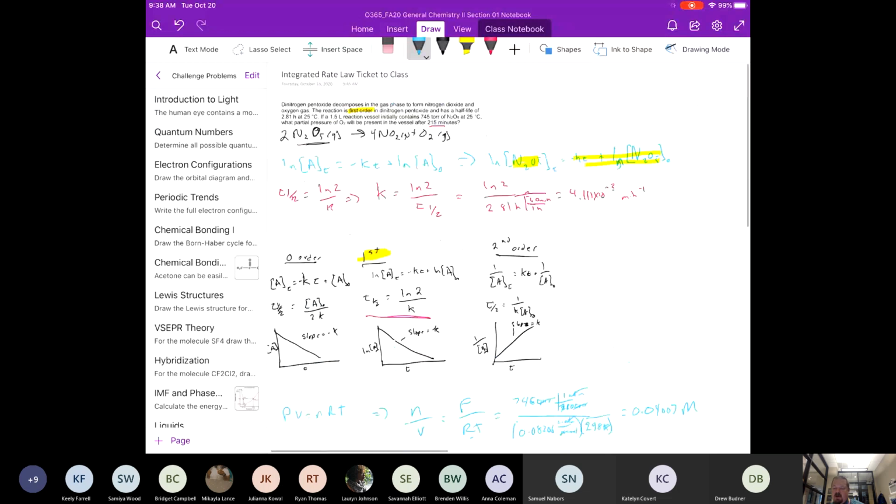So now we have the initial concentration, we have the rate constant, we have the time. We can then calculate the concentration after this time.